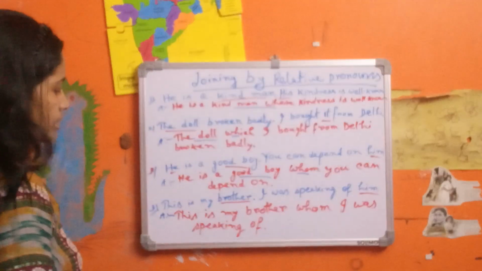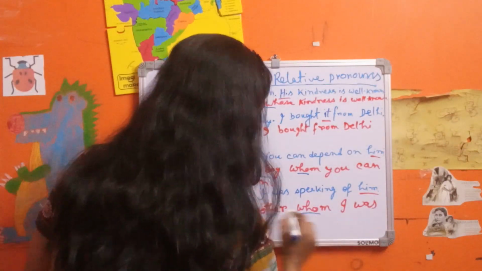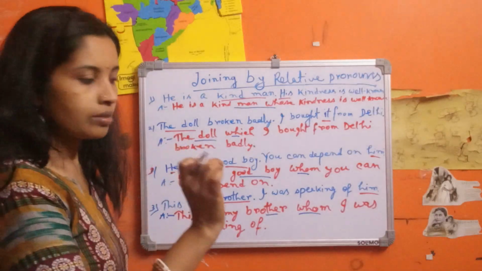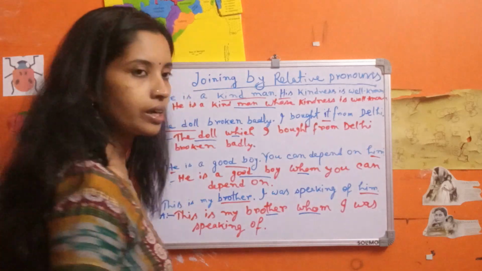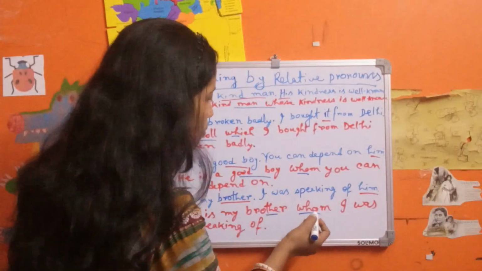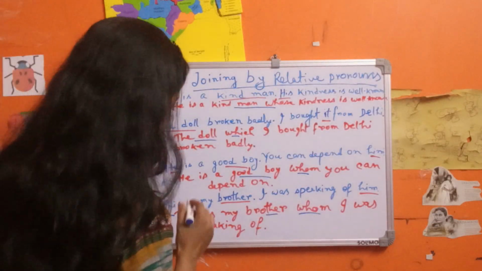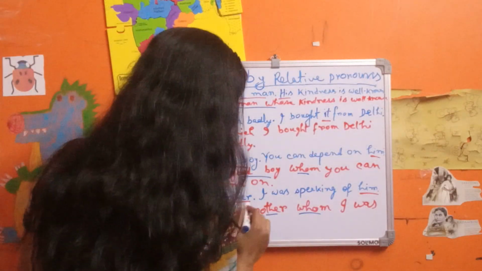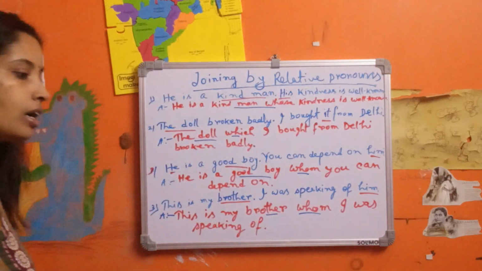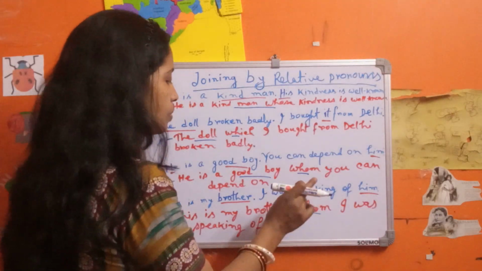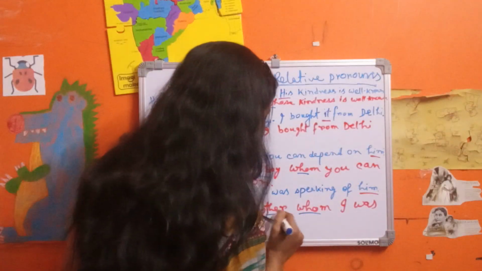Here, look carefully. This is my brother whom I was speaking of. Here, brother and whom sit side by side, because whom refers to brother. That's why whom sits just after brother it refers to. The relative pronoun and the noun it refers to would be side by side.